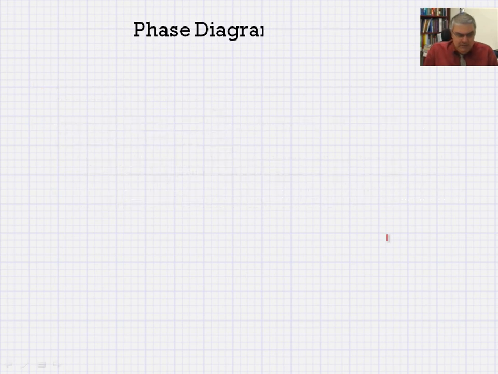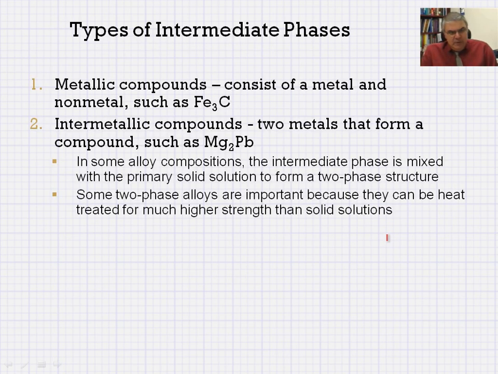Let's take a look at some types of the intermediate phases. There are two types. Number one, the metallic compound, Fe3C is an example. It consists of a metal and a non-metal, and then the intermetallic compounds.